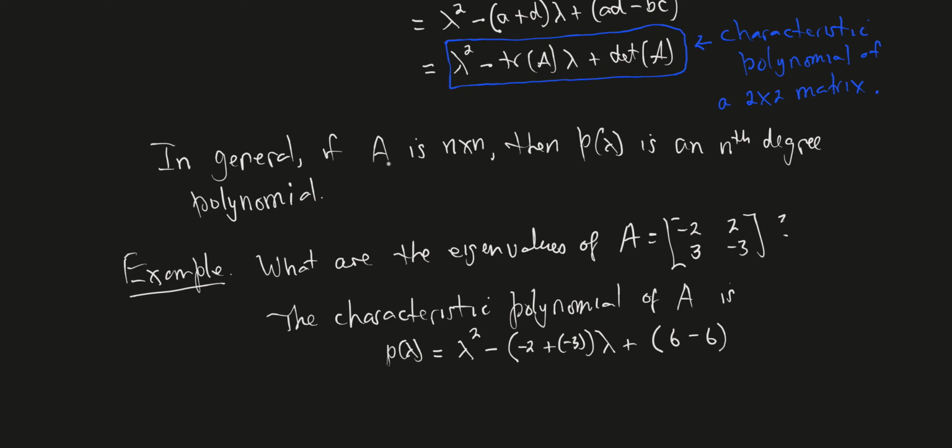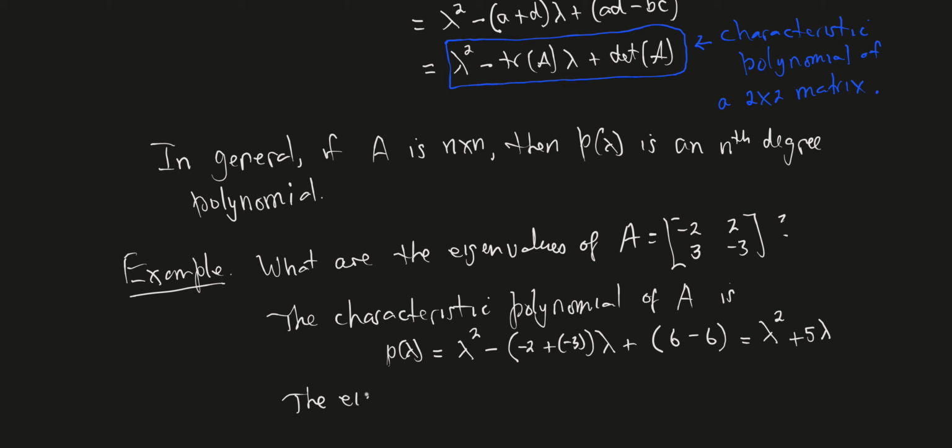So this simplifies to lambda squared. Now in parentheses here we have a -5, right? But then there's a negative in front of that. So that makes it a plus 5 lambda, and then my constant term happens to be 0. So then the roots of this characteristic polynomial are in fact the eigenvalues of my matrix, right?